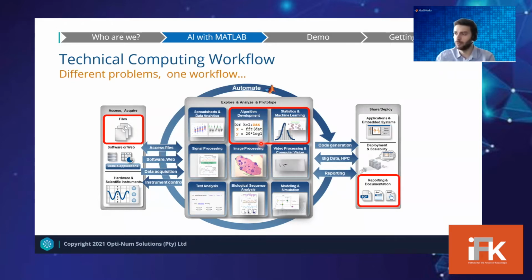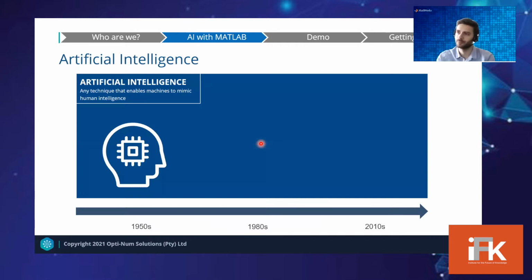Finally, when your problem is done, you may decide to export your data and maybe create a report and documentation. We will see later that your live script can be exported into PDF. Maybe you want to share it with your research partner from another university, or maybe if you're a student, you want to share your project with other students, with your colleagues.